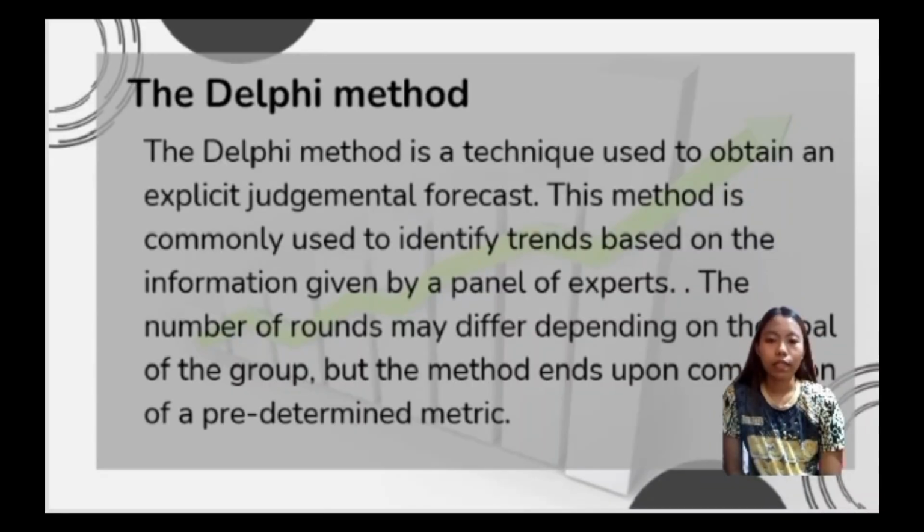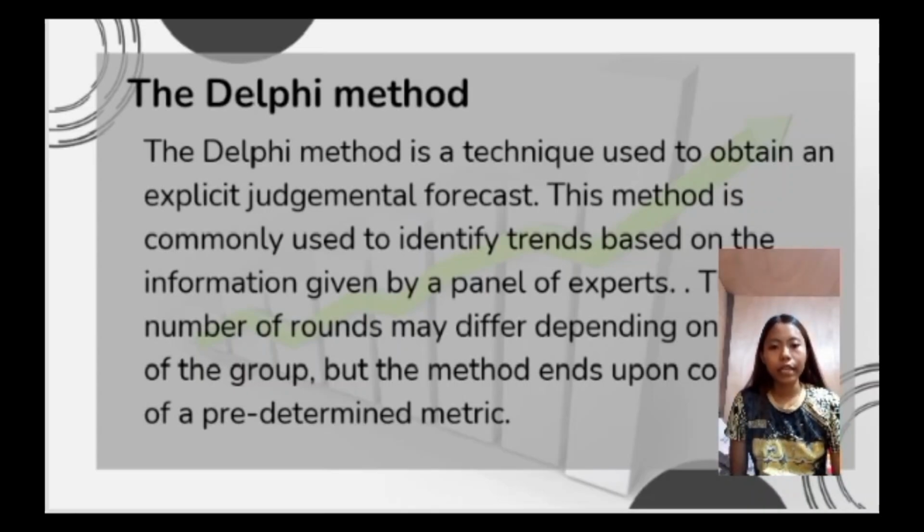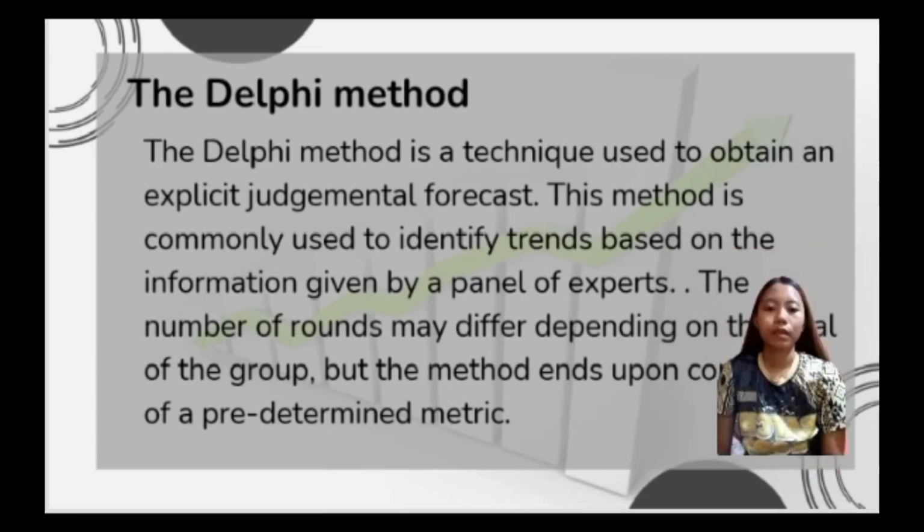Meaning, you need to get information through the panel or experts so you have an idea of what to do. So the Delphi method is a technique that supports the judgmental forecast.